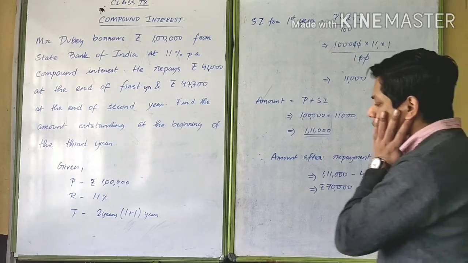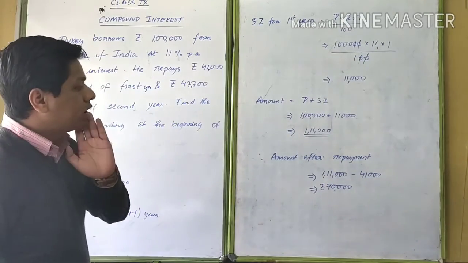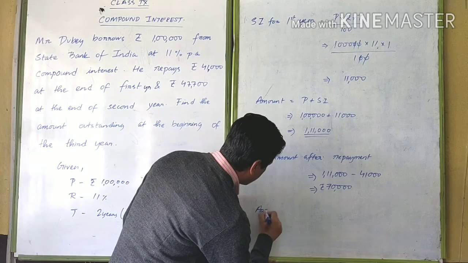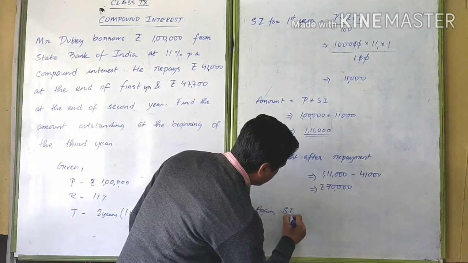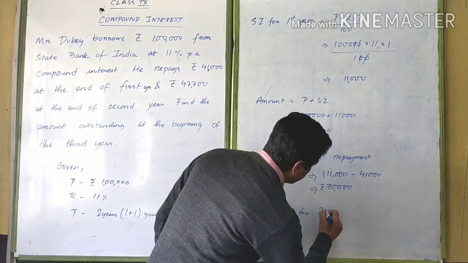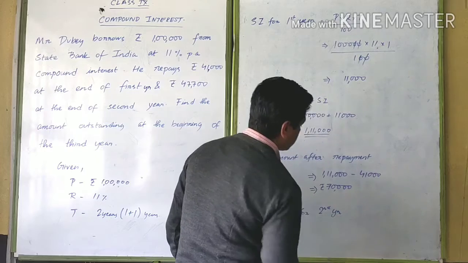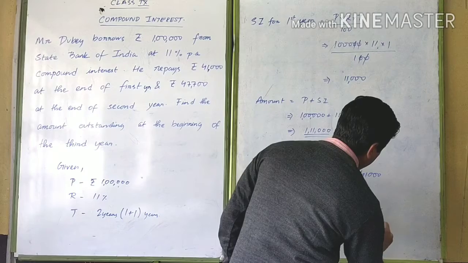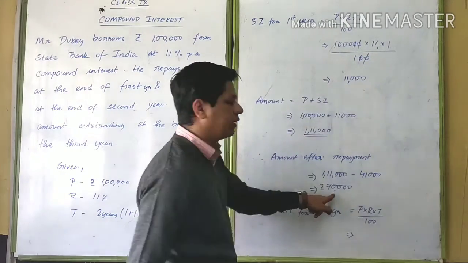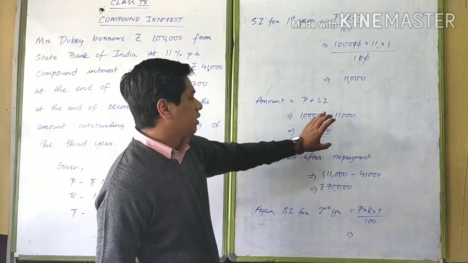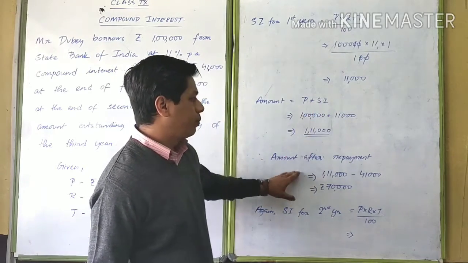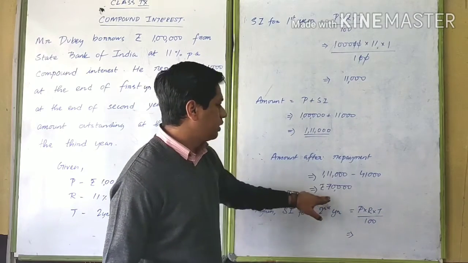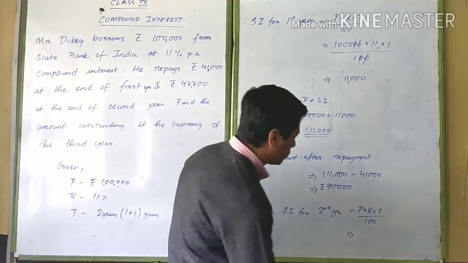Okay. Now again we are going to find the simple interest for second year. Again SI for second year equals P into R into T. So out here my principal will be the 70,000 because this would have been the principal if this repayment wasn't done. So after repaying 41,000, this amount is due with the bank. Okay, so 70,000.